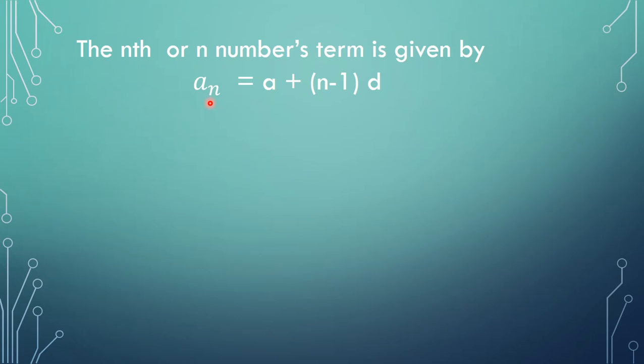If we are finding n is equal to 10, that is A10. Okay. So formula An is equal to A plus n minus 1 into D is the nth term.